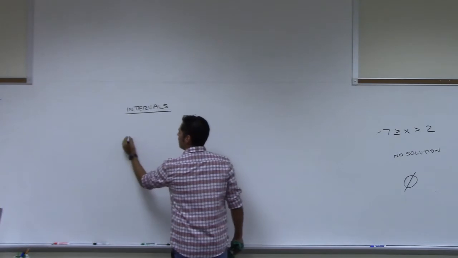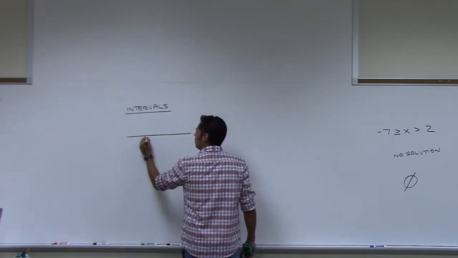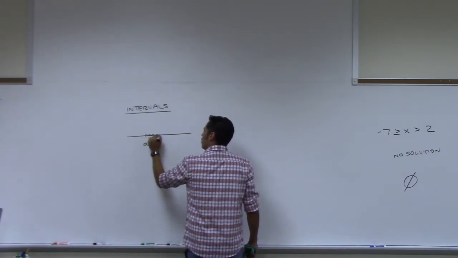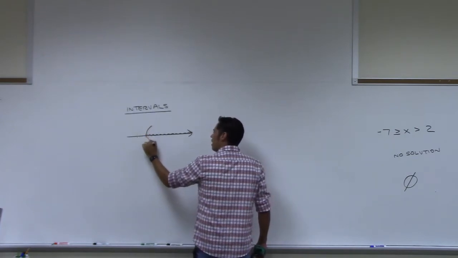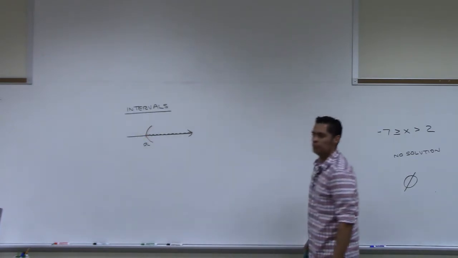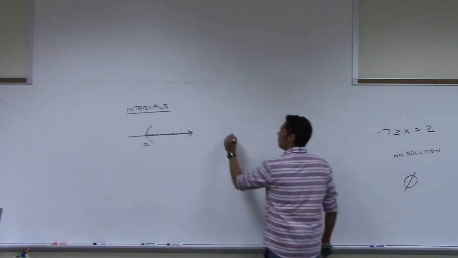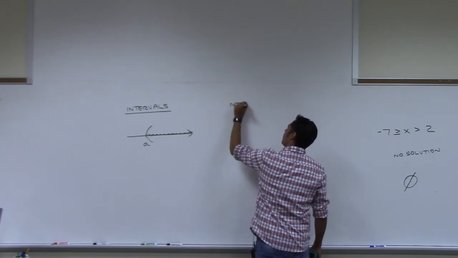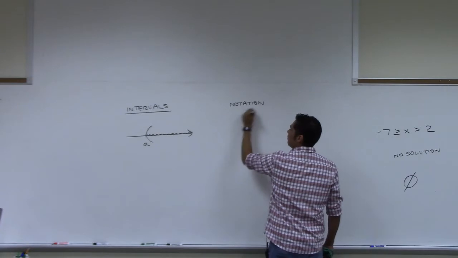Okay, you could have a situation like this, where let's say you have some number, A, and it's shaded to the right forever, and it's not including A. This is the graph of it. Here's the notation of this interval.